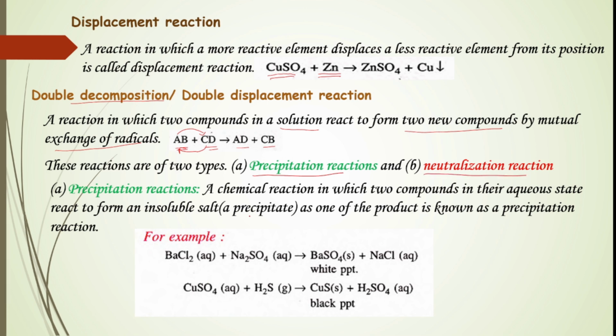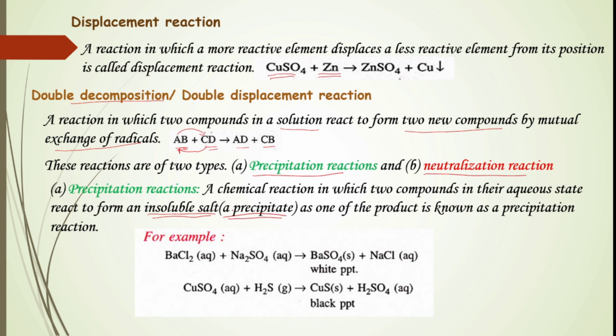What is a precipitate? We have seen that in certain cases when two substances or two compounds in the aqueous state, meaning they are a little diluted, react to form a compound or a salt which is insoluble in the solution, one of the products is an insoluble salt which is known as the precipitate.